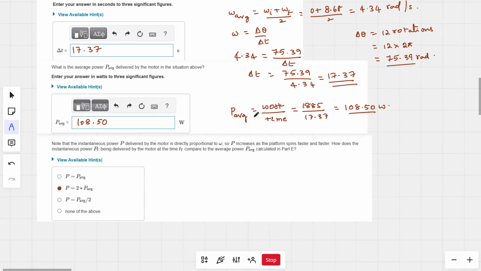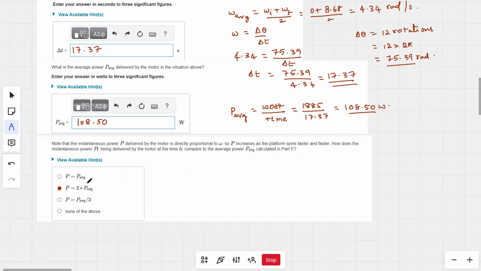We are taking the average power, so the average power will always be less than the instantaneous power because initially it is at rest and then finally it has some angular velocity. We are taking the average and then calculating. Therefore, the average power will always be less than the instantaneous power, because at a particular instant the value will be high. He is saying the platform is spinning faster and faster.